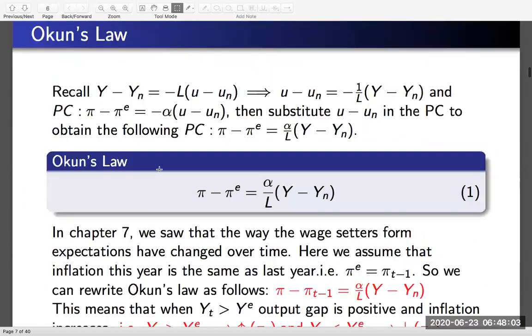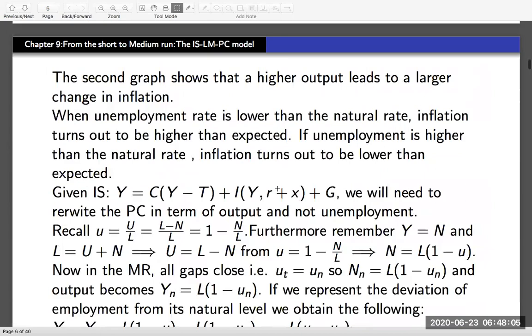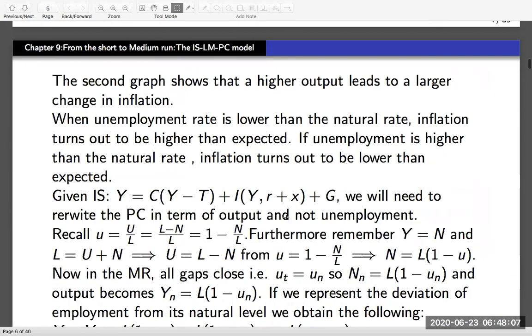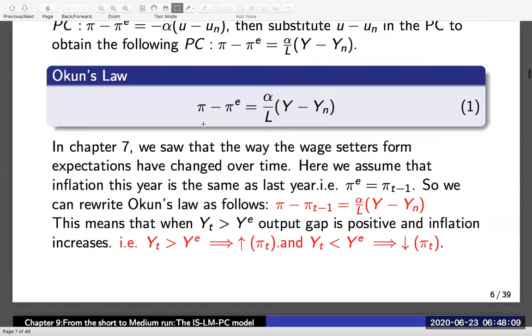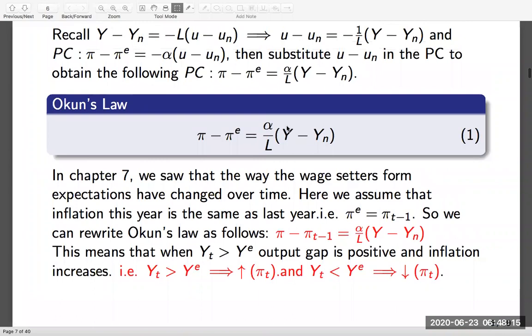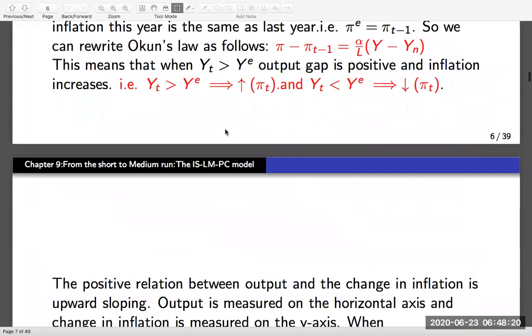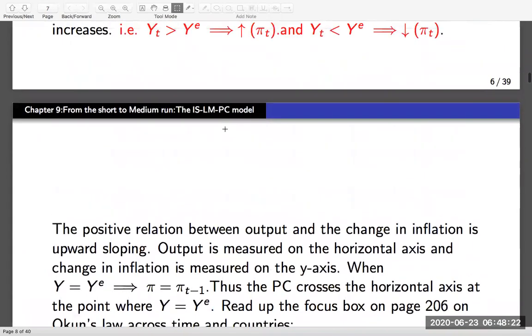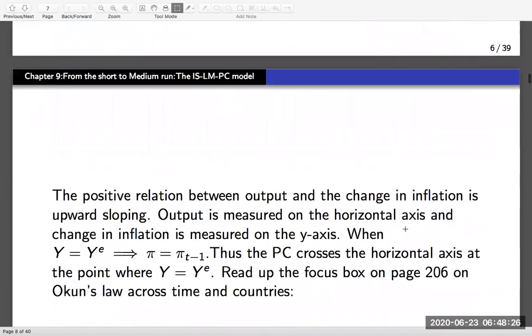So the positive relation between output and the change in inflation is upward sloping. The reason why this graph is upward sloping is because of this equation, how we get it, right? So the relationship shows that there's a positive relationship. This is on the y-axis, so if you increase Y, these things should increase as well. So that's why the PC curve is now upward sloping.